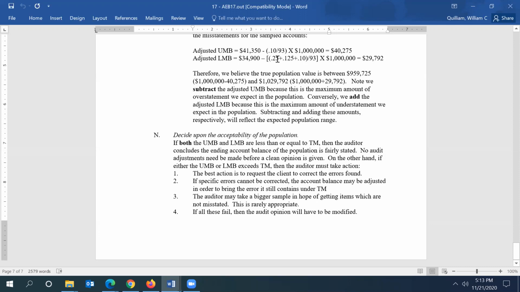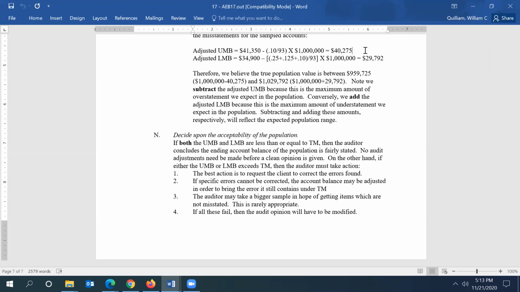Take that 10% or 0.10 and divide by the sample size of 93 to get a type of mean. Multiply that by the population book value of 1 million and subtract it off. So that adjustment factor brings us down by $1,075. So we take that upper misstatement bound to be $40,275 now as adjusted.